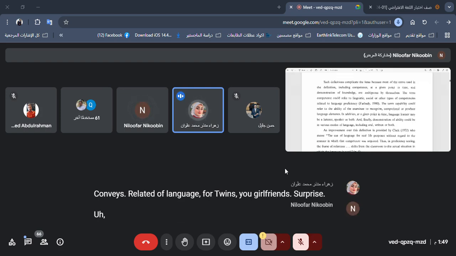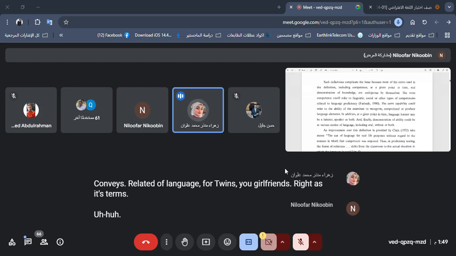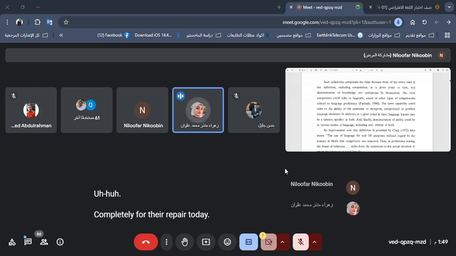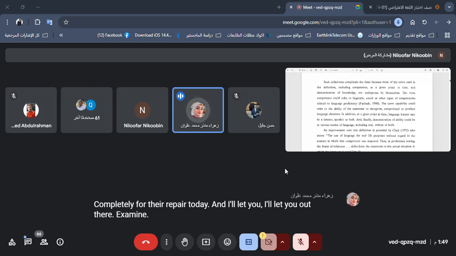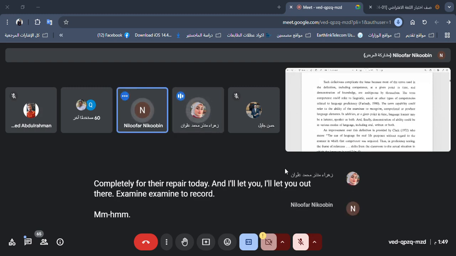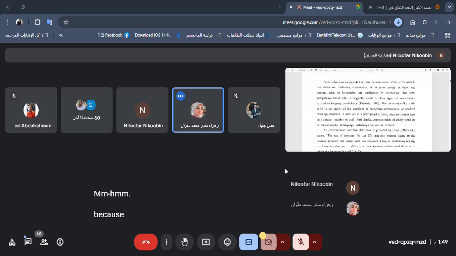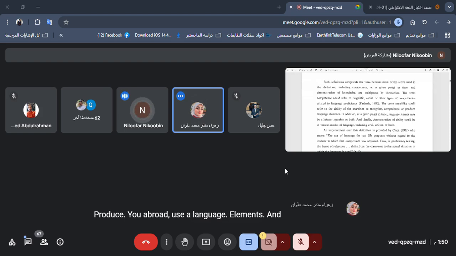The term competence could refer to the ability of the examinee to recognize, compare, comprehend or produce language elements at a given point in time.